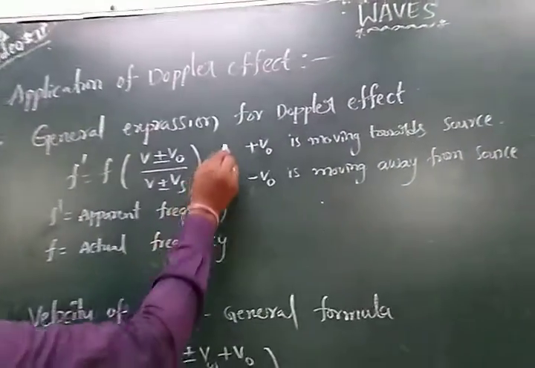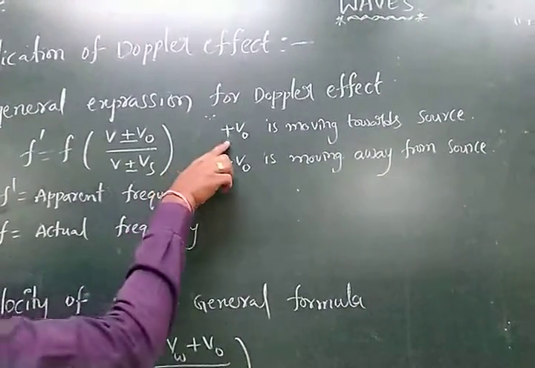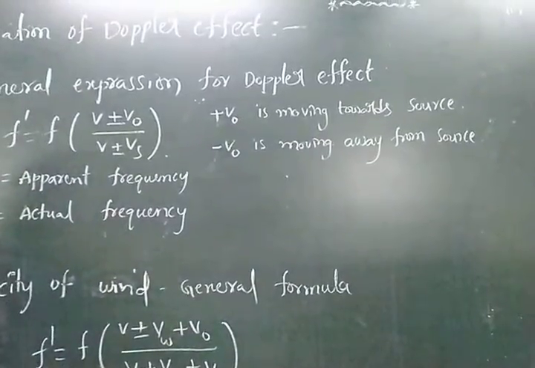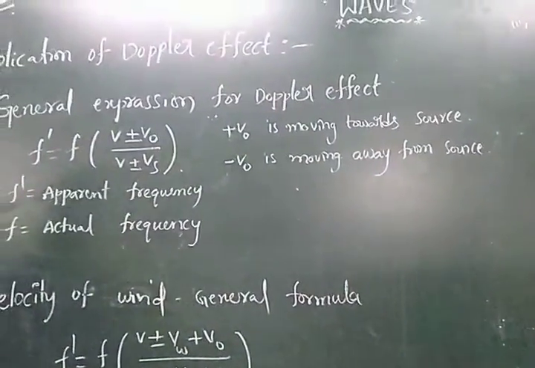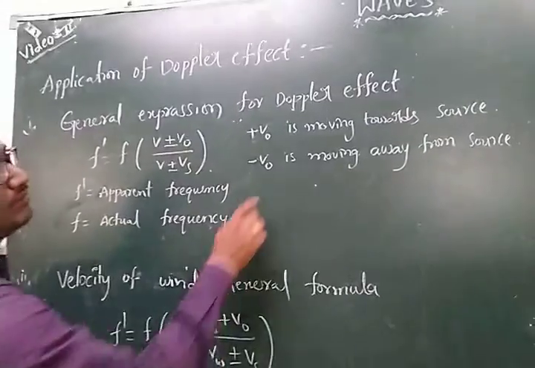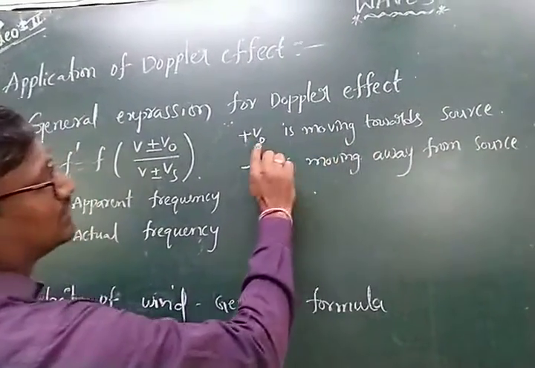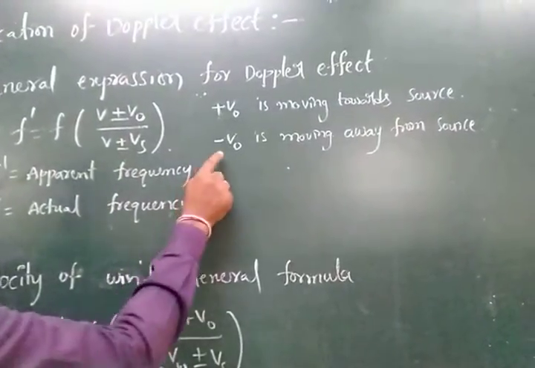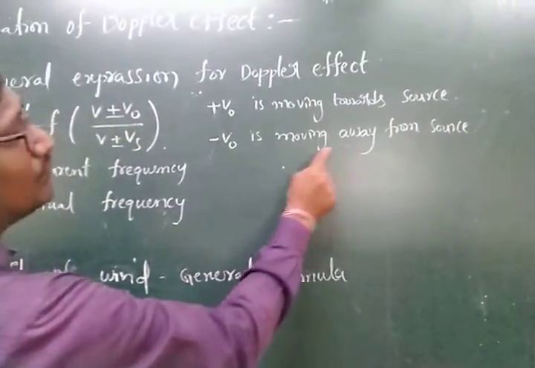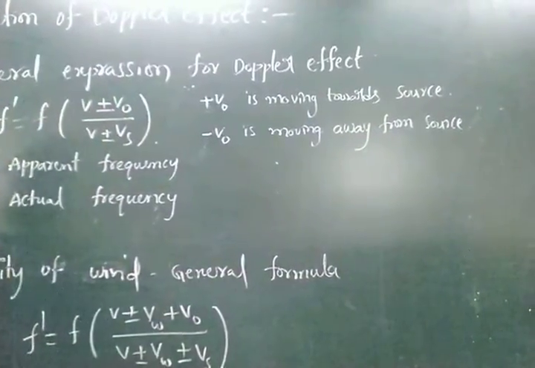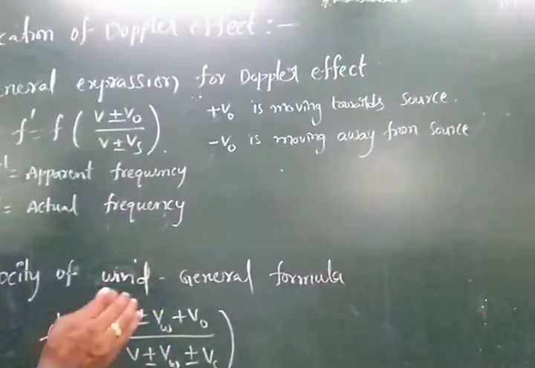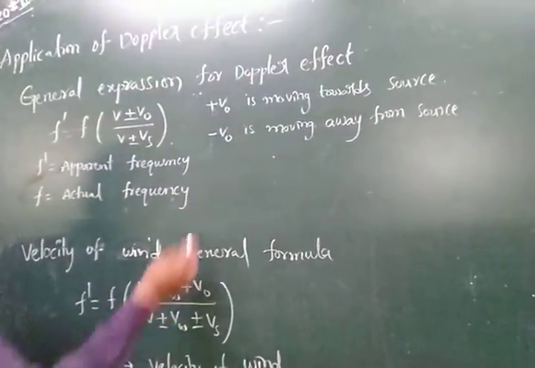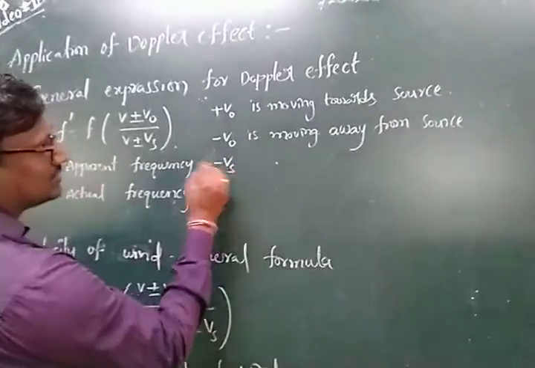If the source is at rest but the observer is moving toward the source, then we take v naught as positive. When the observer is moving away from the source, we take minus v naught.